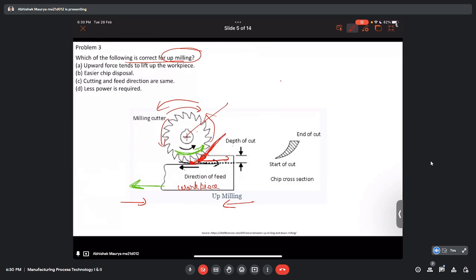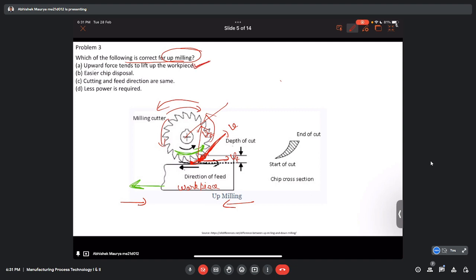Suppose this is the velocity vector of the cutting motion, then it can be resolved into two components. One will be opposite to the direction of feed, or we can say vf, and another one is upwards, or we can say vz. Because of this vz component of the velocity, an upward force will come on the workpiece. So it is correct.